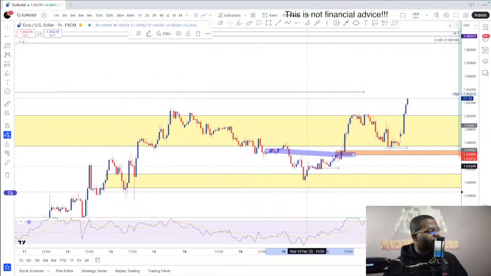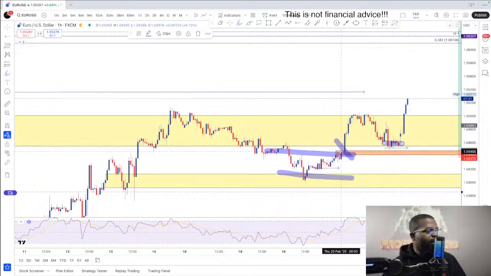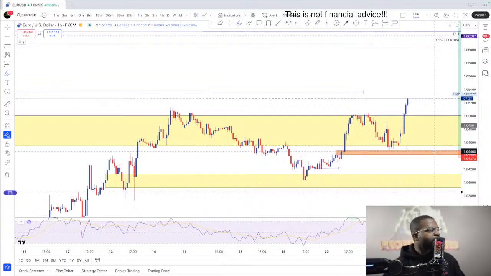Real simple. I saw consolidation. Consolidation broke to move up. Price came close, gave multiple rejections, but it did not retest that area.